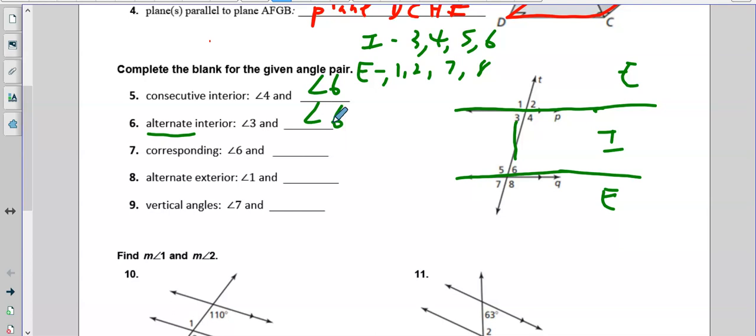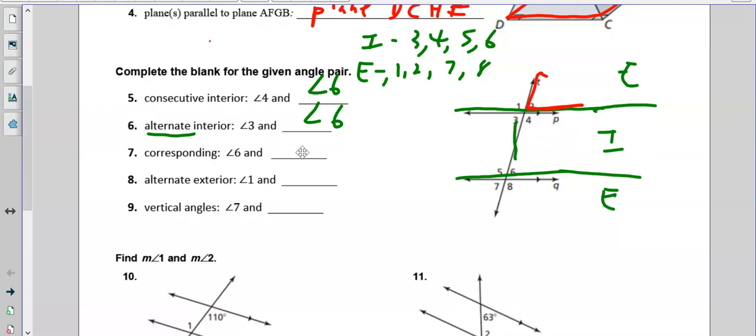Alternate interior to 3. 4 and 5 are also alternate interior. Corresponding to 6, all right? Well, remember, corresponding means one inside and one outside. So if I just slide this one on up, I find it's angle 2. Alternate exterior. So I'm looking up here at 1. I need an exterior angle that's 7 or 8, but on the opposite side of the transversal, so that would be angle 8.